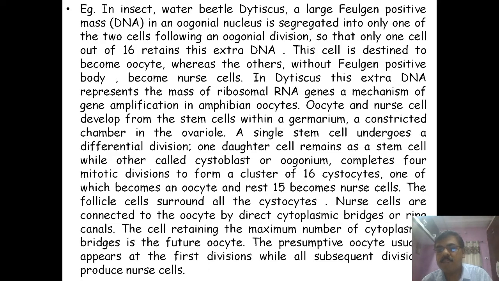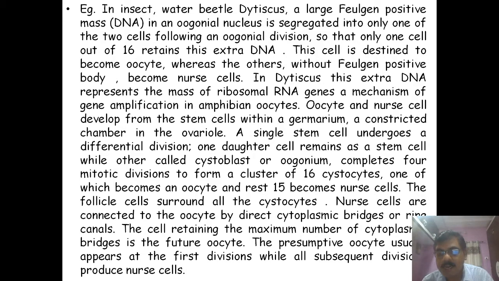One daughter cell remains as a stem cell while the other is called a cystoblast or oogonium, which completes four mitotic divisions to form a cluster of 16 cystocytes, one of which becomes an oocyte and the rest of the 15 become nurse cells. The follicle cells surround all the cystocytes. Nurse cells connect to the oocyte through direct cytoplasmic bridges or ring canals.